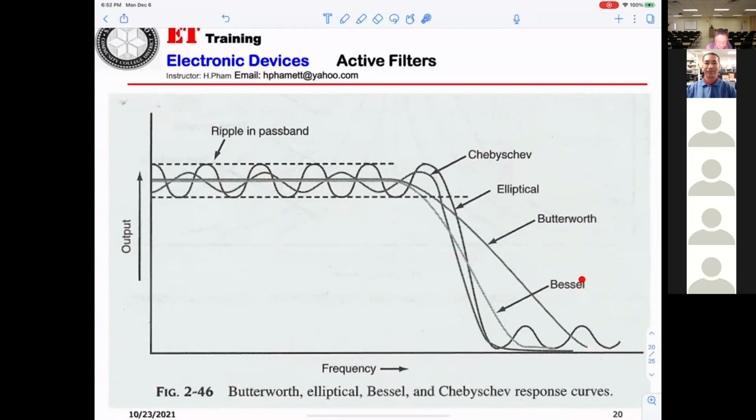Right. Bessel, they have a very good cutoff. However, looking into the mid-range, they don't have any ripple. Okay? We don't want any ripple there. Exactly. You don't want any ripple. It gets the noise.